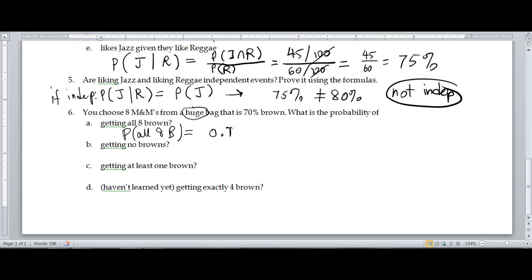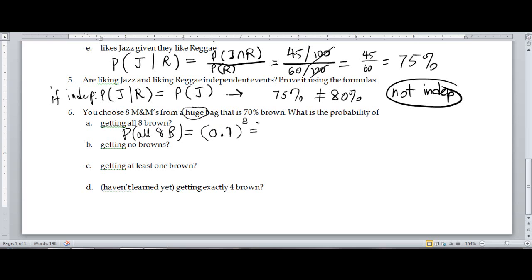The third one? 70%. The fourth one? 70%. So it's 70% for the first one, 70% for the second one, and so on. And since I'm choosing all 8 brown, that's like saying the first brown and the second brown and the third brown and so on. So for that we're going to use the multiplication rule.